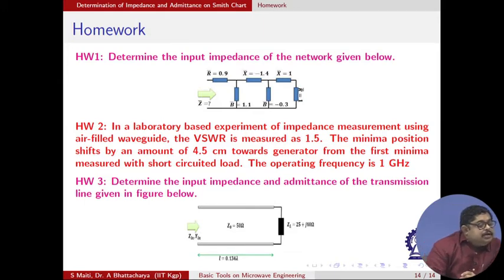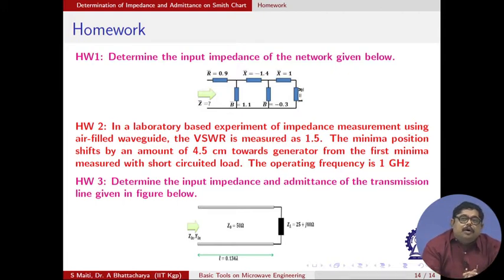So, there is a load and that is in series with something. In the impedance plane you find out those two things, their sums, and then there is a parallel circuit.